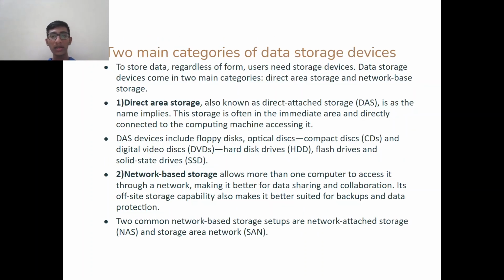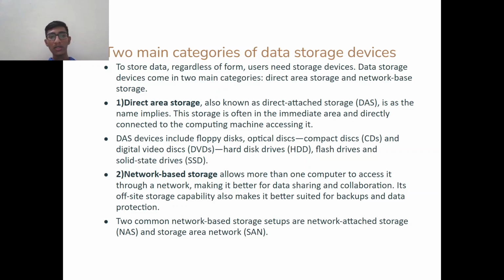The two main categories of data storage devices. To store data regardless of form, users need storage devices. Data storage devices come in two main categories: direct area storage and network based storage.